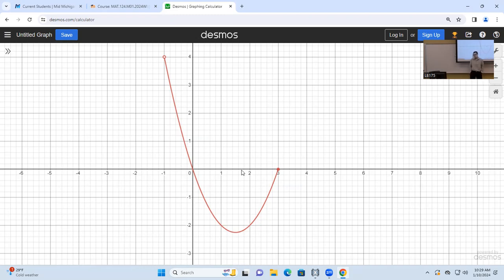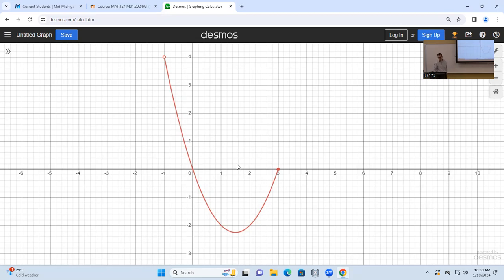If you see a function graph like this, we have to recognize the domain and the range. Well, the domain is the x values, the input values, which this graph can take on.